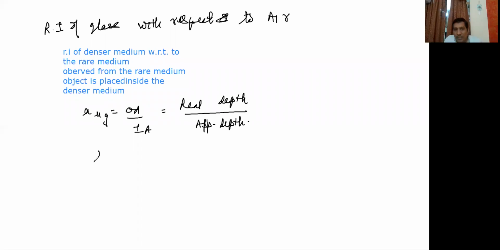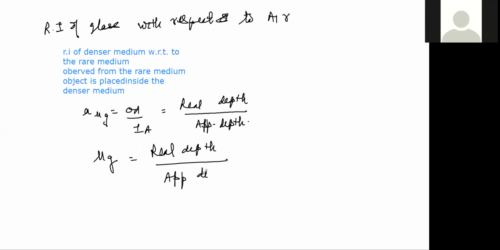A mu G is the absolute refractive index of the glass or of any denser medium, the absolute index of any denser medium with respect to vacuum. It equals the real depth upon the apparent depth.